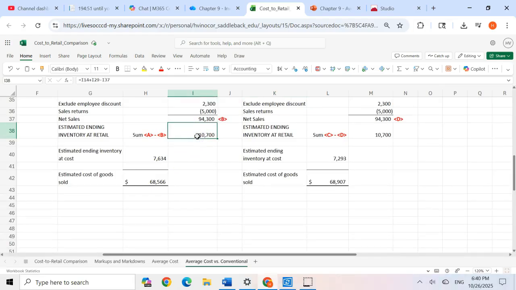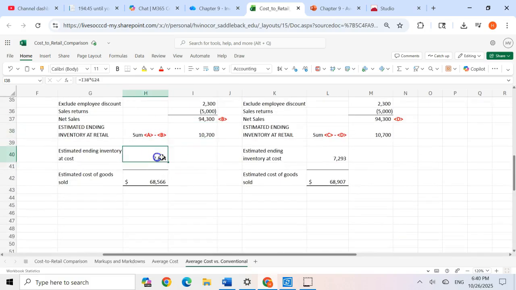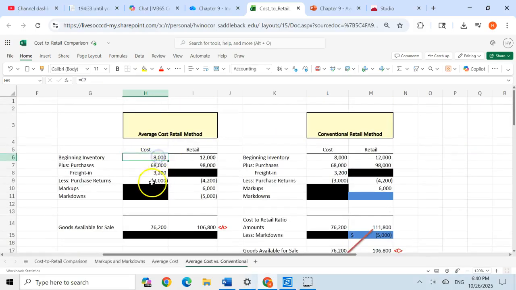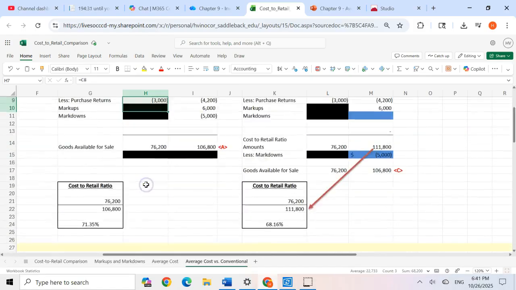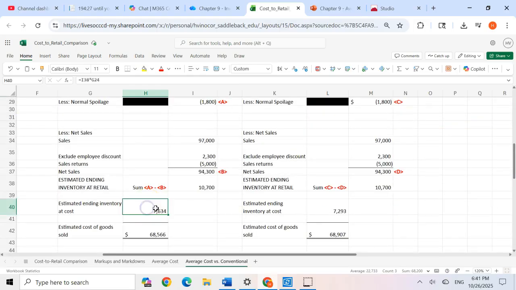So under the average cost, we're going to take our ending inventory of $10,700 times the 71%. It gives us an estimated ending inventory cost of $7,634. And then we can calculate our estimated cost of goods sold because we have our beginning inventory plus our net purchases minus our ending inventory equals our estimated cost of goods sold.